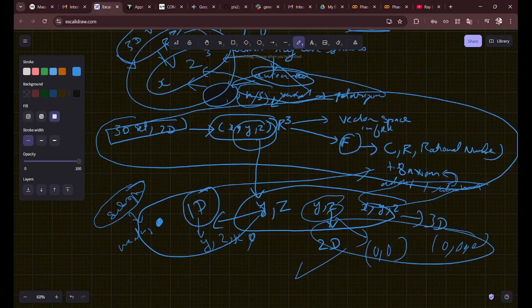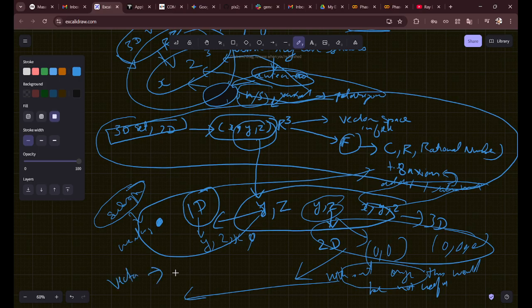Because without the origin, this would not be useful, because using a vector space, what we are usually trying to model is a linear model, which is predictive.